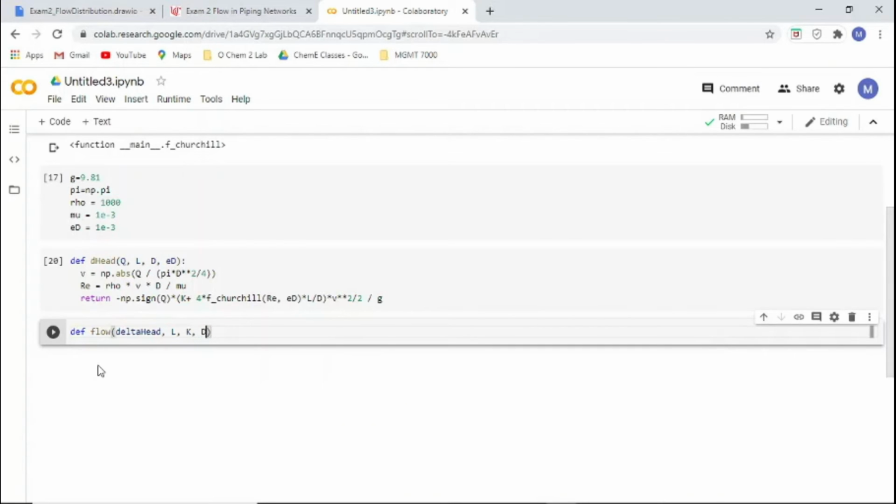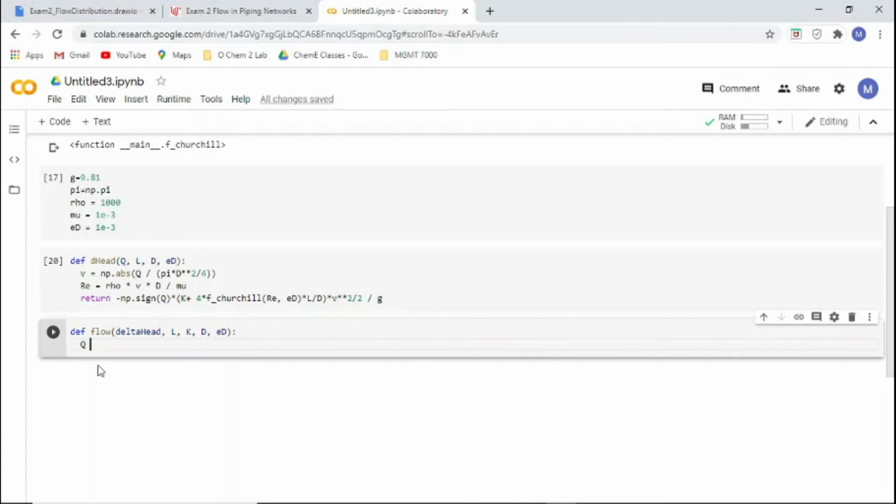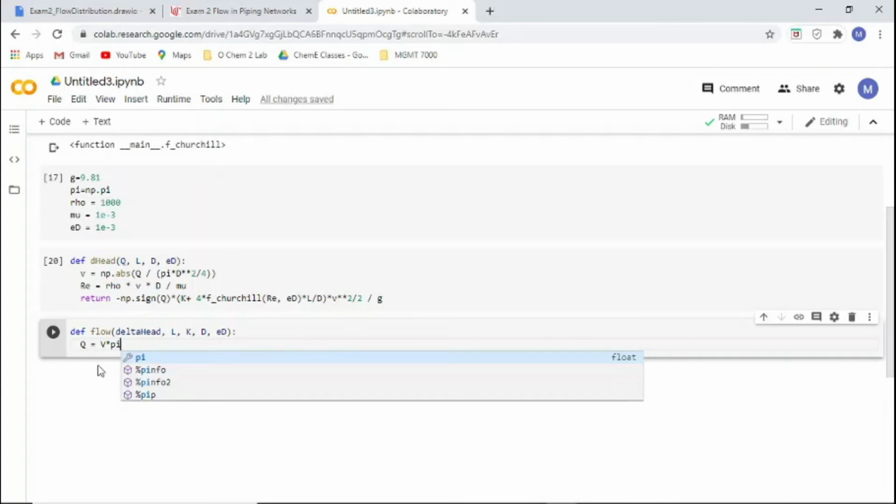We'll also need the diameter of our pipe and the relative roughness of our pipe. So we know that our flow is equal to velocity times area, where area is going to be pi times the diameter squared.